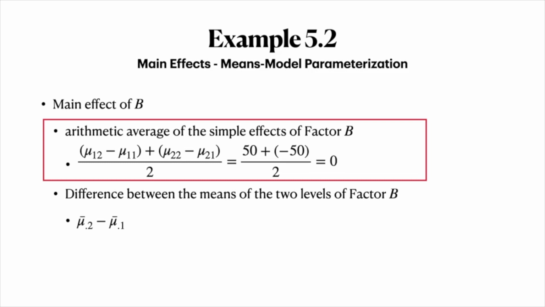Mu12 minus mu11 is the simple effect of factor B at the first level of factor A. Mu22 minus mu21 is the simple effect of factor B at the second level of factor A. Those two simple effects were calculated previously and found to be 50 and negative 50. Those two values average to 0. And so, based on this calculation, the main effect of B is 0.